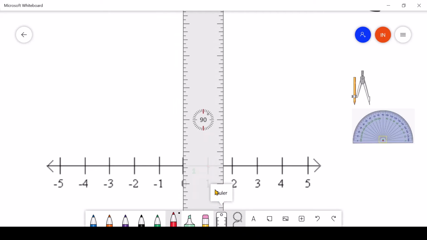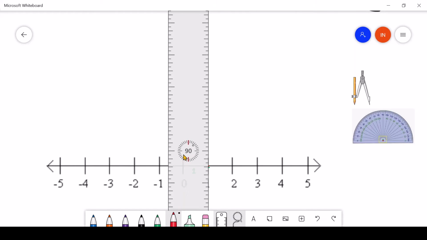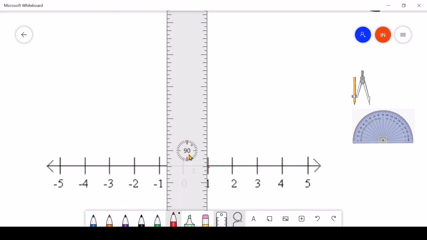Here I'm going to take my scale and mark this 90 degree. You have to take your protractor for this purpose. So this is the 90 degree, right? Now I'm extending a line from this unit 1 to the point I got now. So this is the line which I am taking.